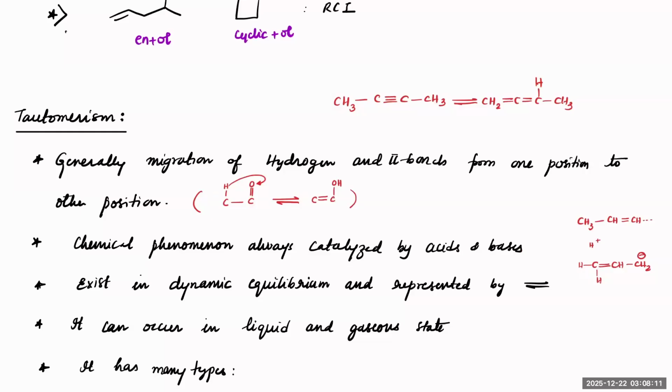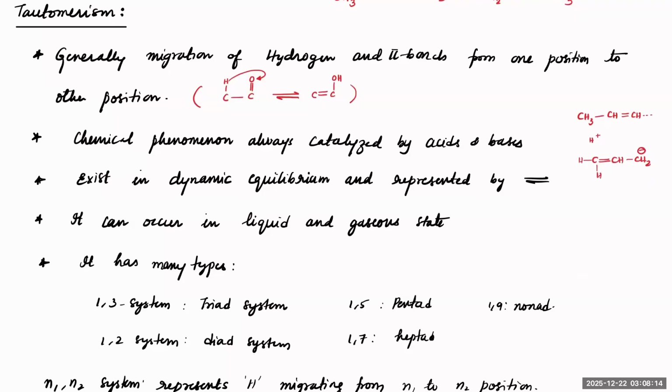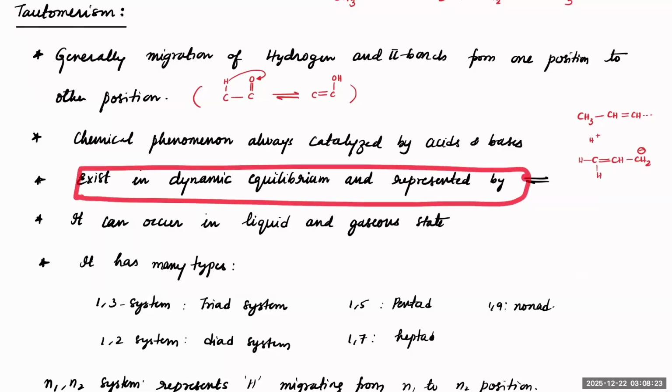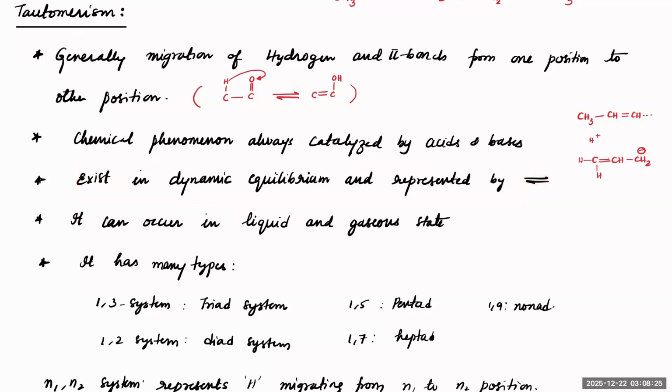Next, you see, it exists in dynamic equilibrium and it is represented by this equilibrium sign. It occurs in liquid state and gaseous state both.